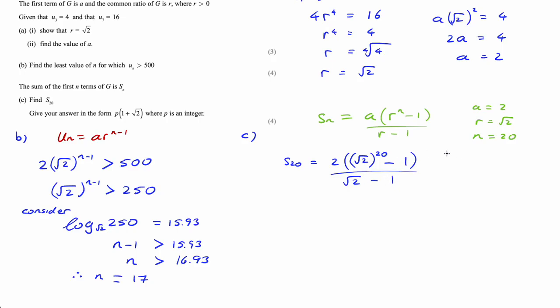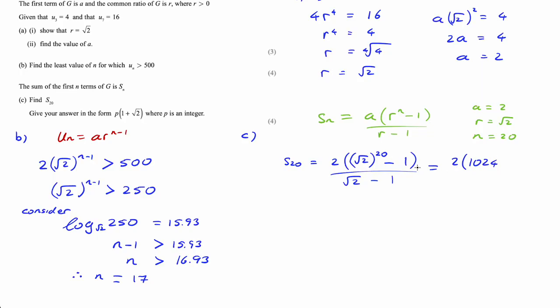Okay, this is equal to, I'm just going to write it over here so I don't run out of space, 2 times, okay, root 2 to the power of 20, guys, is, I can actually do that in my head, it is 1024. How do I know that? Because root 2 to the 20 is the same as 2 to the power of 10, and that's one of those ones you should know, guys.